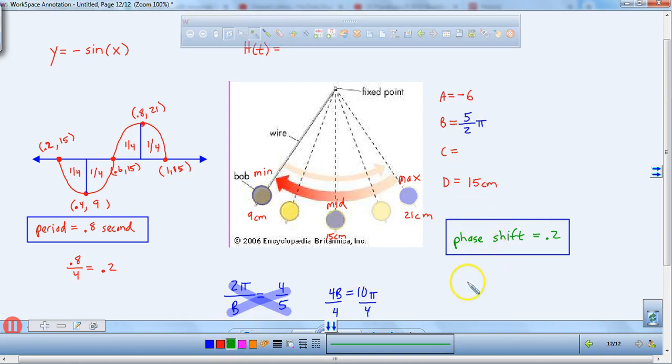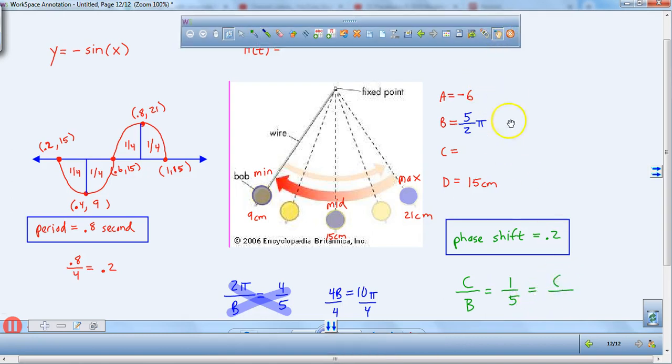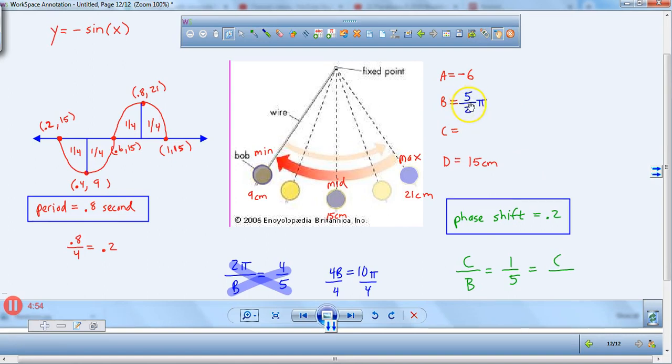Now once I find my B value, I can find my C value. Just remember, the phase shift is equal to C divided by B. So if C over B is equal to 2/10, 2/10 reduces to 1/5. So now I'm going to set 1/5 equal to the C value over my B value. Well, since I just found my B value, which is 5/2 pi, I'm going to write it as 5/2 pi. And then I'm going to cross multiply once again.